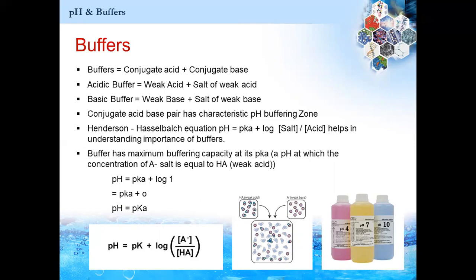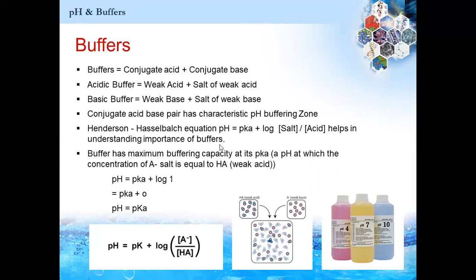And these buffers are usually made of two components, that is, there is always either a weak acid or a weak base and its corresponding salt. So these conjugate acid-base pairs have characteristic pH buffering zones, and in those buffering zones they tend to buffer or neutralize the added acids and bases.